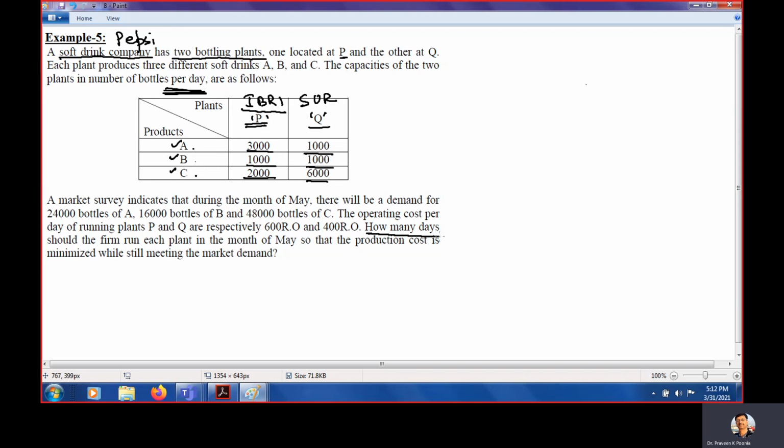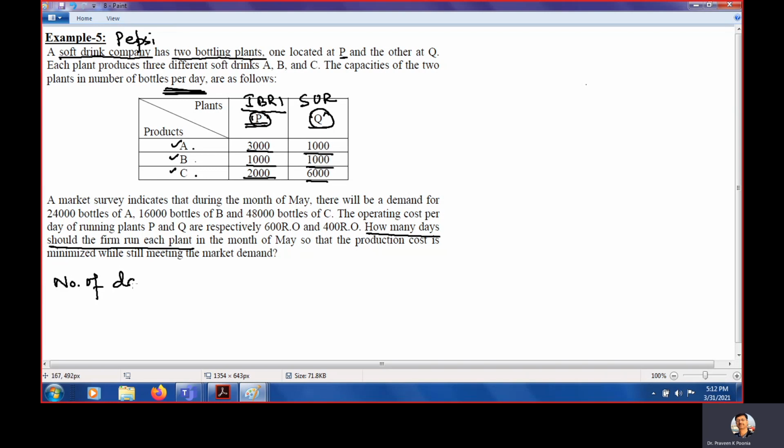Now read the question in the end. How many days should the firm run each plant? Means how many days this plant P should run, how many days this plant Q should run. So it is the number of days. So these are the decision variables.